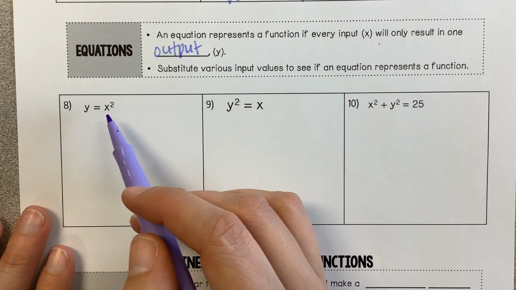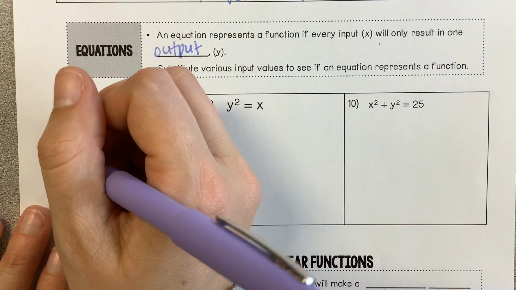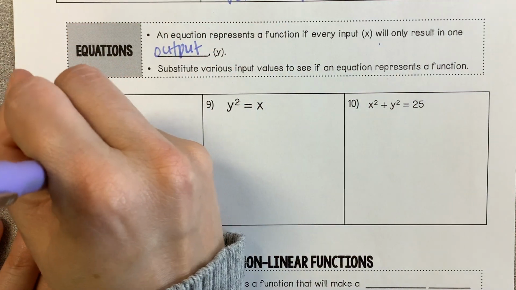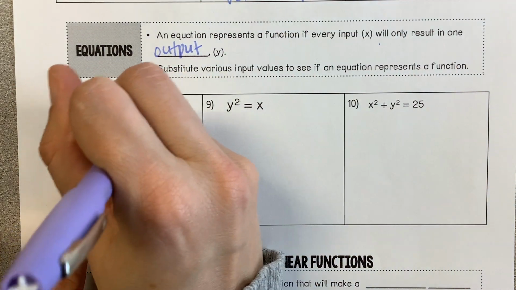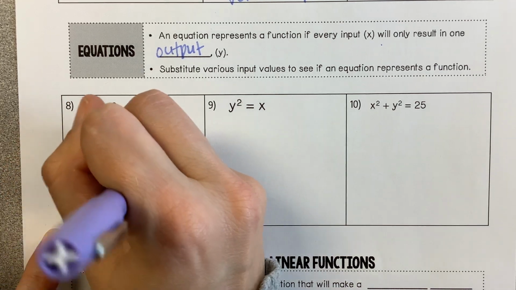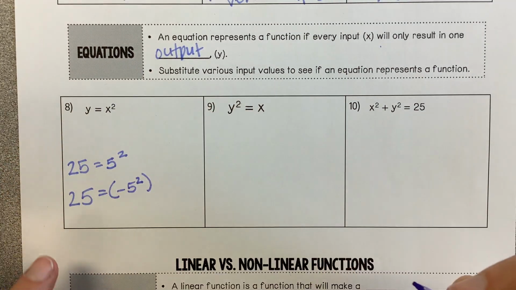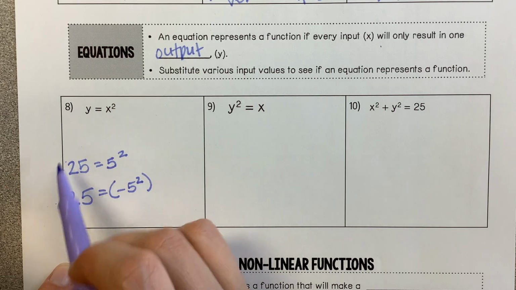So if I'm looking here, we have, let's say, 25 for y. We get that from 5 squared, and we get that from -5 squared, okay? So we have two of the same y values, but that does not matter.